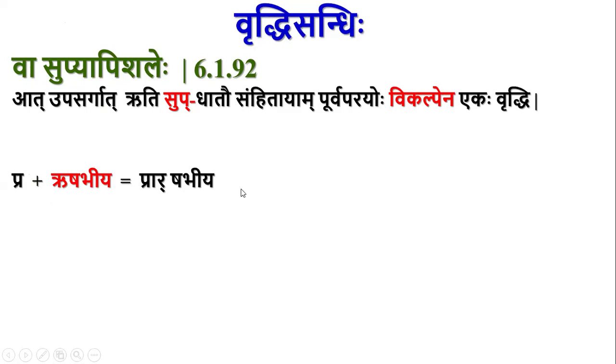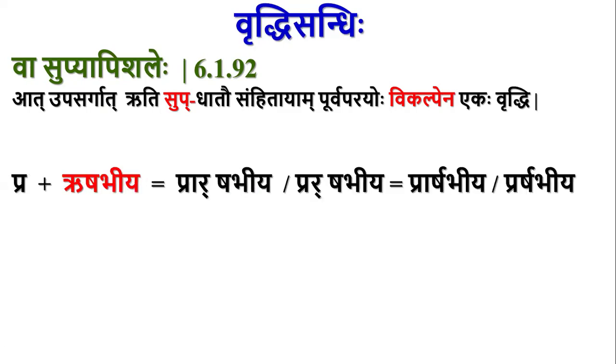So if there is no application of the previous sutra, then there will be application of the utsarga sutra, that is adgunaha. So by adgunaha it becomes prar gunadesha. So prarshabhiya and prarshabhiya are the two different forms we get by this sutra.